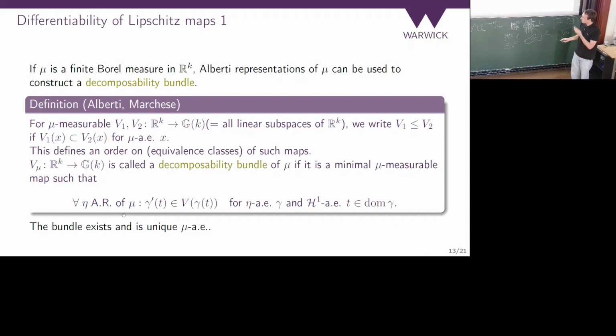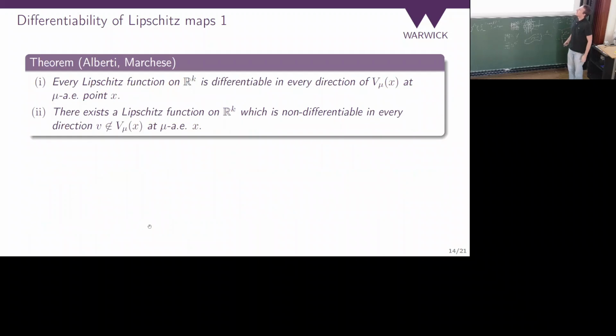So what happens, important: the bundle exists and is unique mu almost everywhere. That's the hard part to show. The moment you have this, you can prove this. Every Lipschitz function on Rk is differentiable in every direction of the decomposability bundle at almost every point x.